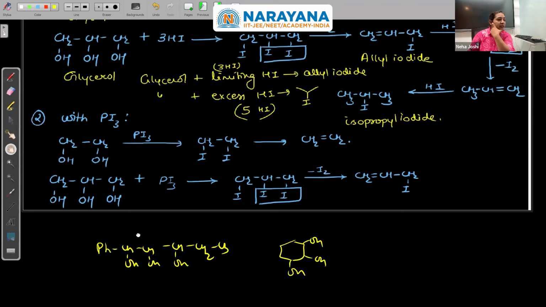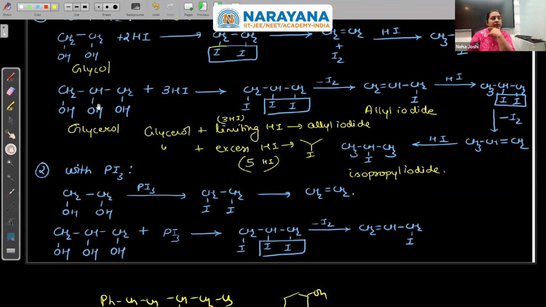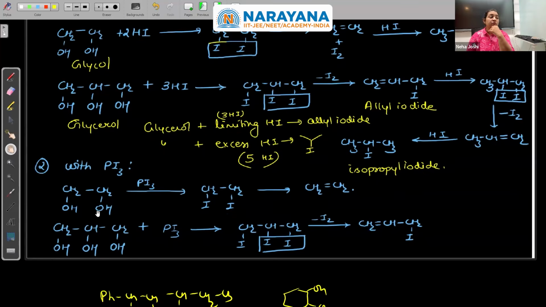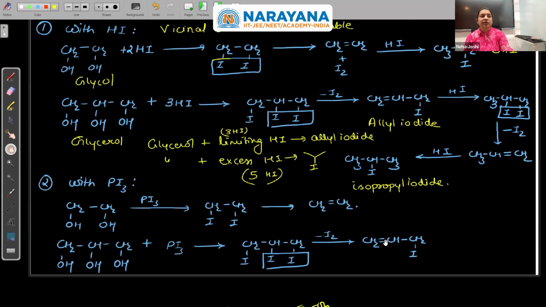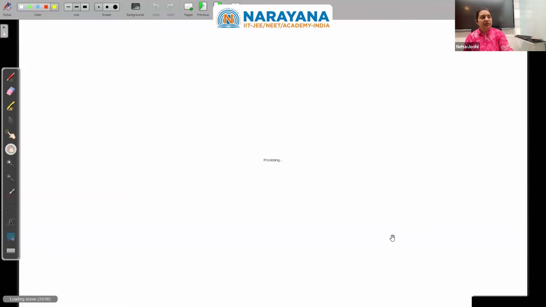As a limit, this is the benchmark: in glycerol you will have this reaction. With PI3, I will have iodo introduction, I will have ethene formation, but after the alkene I don't have the possibility of electrophilic addition. So the answer will stop at ethene. And with glycerol, the answer will stop at allyl iodide. We cannot have further addition of HI.